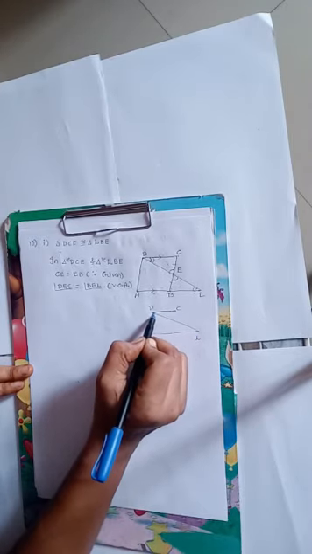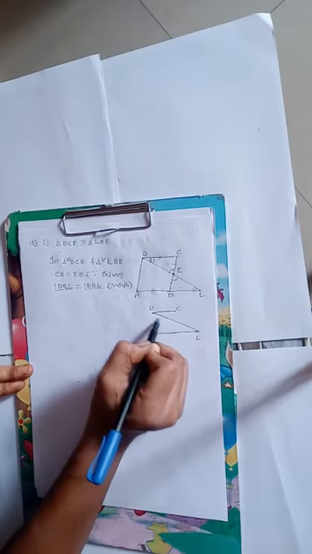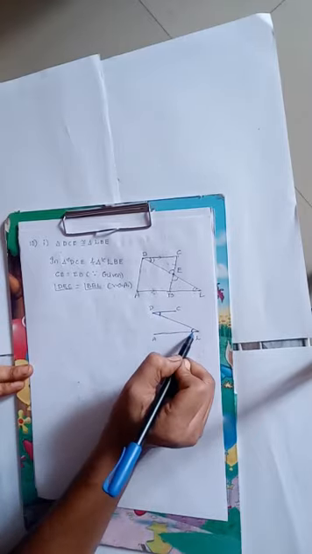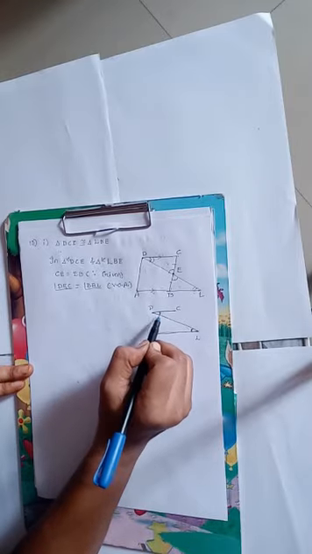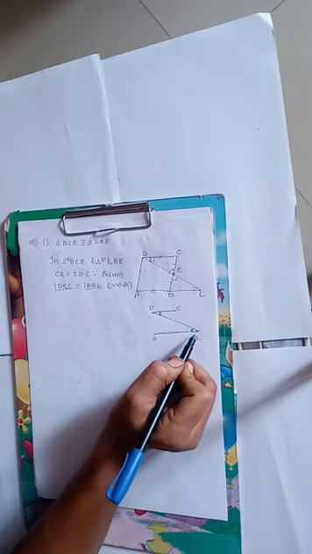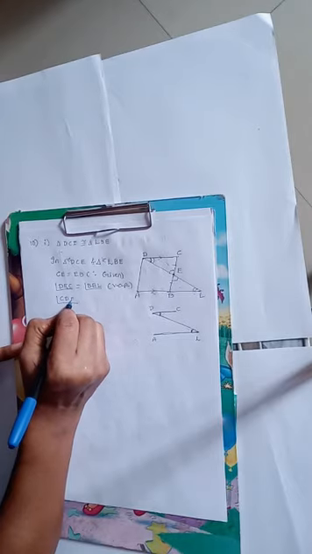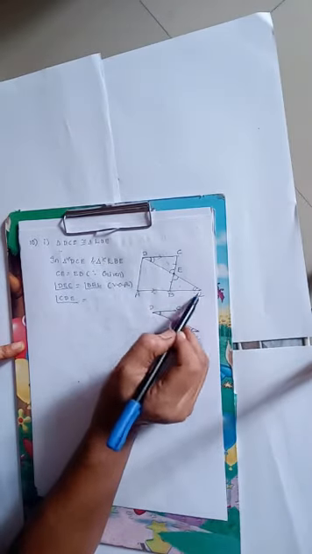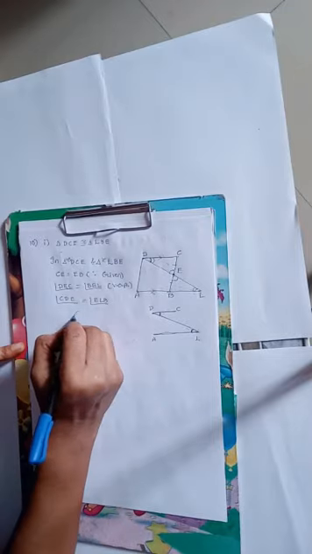Now see here, the angles forming at the corner of the Z are interior alternate angles. These two interior alternate angles are equal. That is, angle CDE is equal to angle ELB. Why?